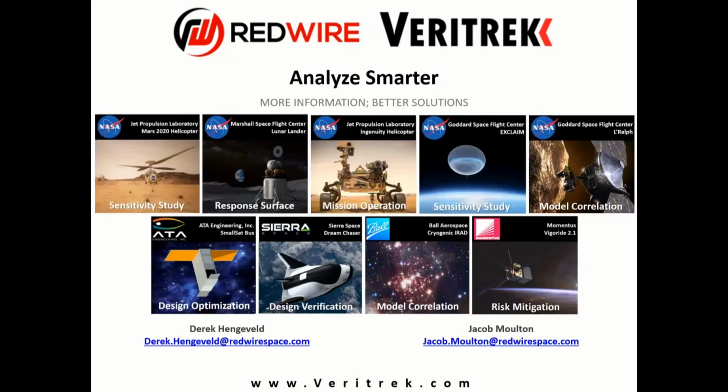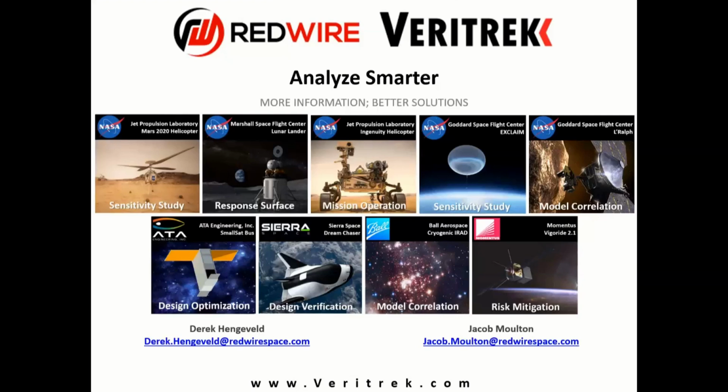Veritrek is a tool that basically plugs into Thermal Desktop and allows you to convert high fidelity Thermal Desktop models into a reduced order form. The reason you might want to do that is whereas a Thermal Desktop model might take minutes to hours to days to run a single simulation, by converting that into a reduced order model using Veritrek, we can now run thousands of those simulations in a few seconds.